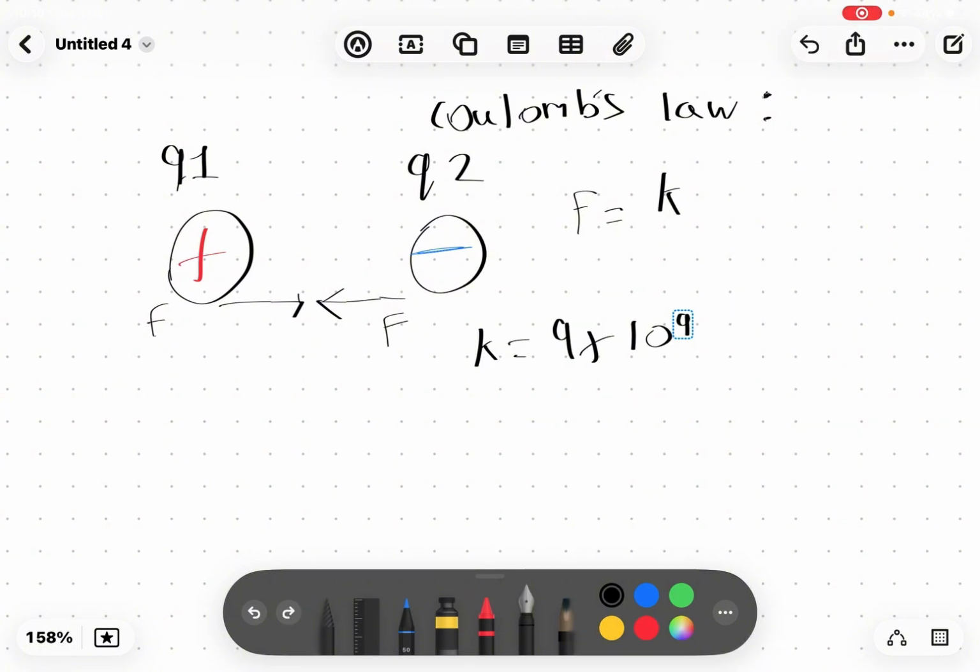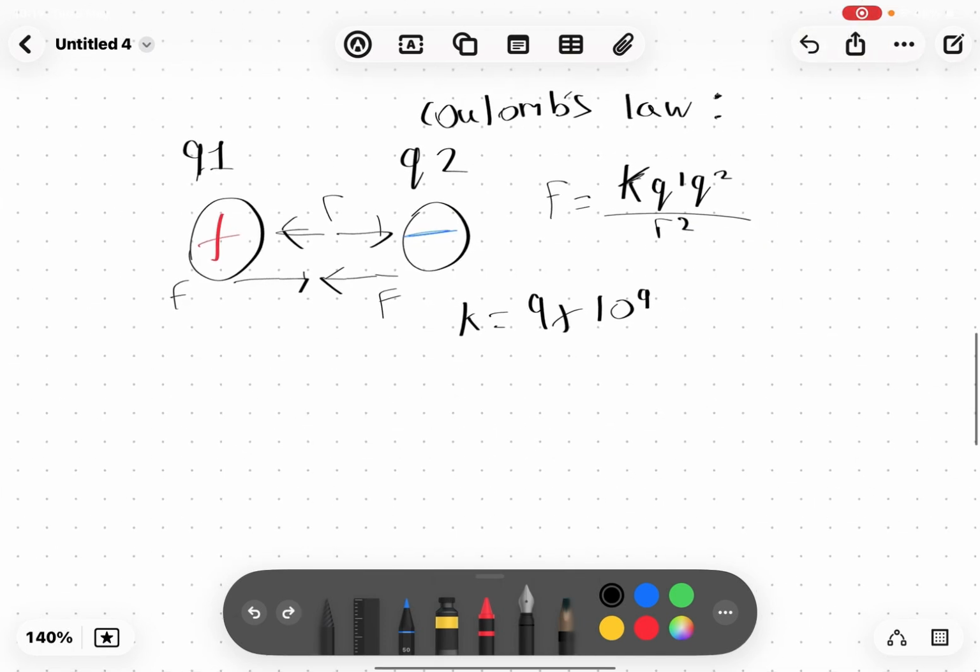Just think of K as something that a force needs, like electricity, something current. I'm not really sure what it is myself. Then Q1 times Q2, divided by R squared, and R squared is the distance between the atoms, guys. Don't forget that it's squared.